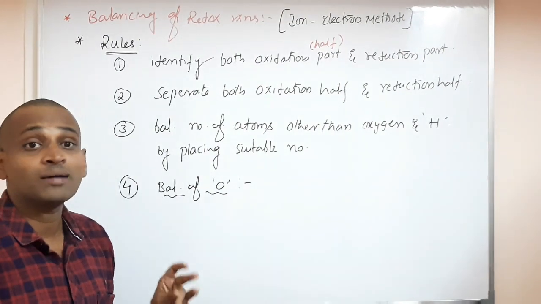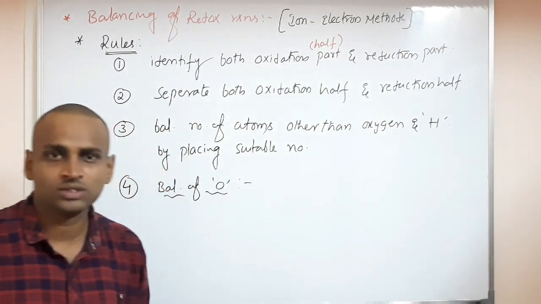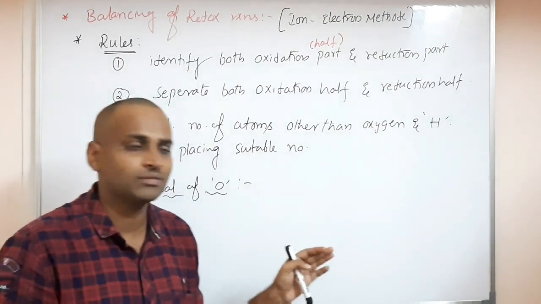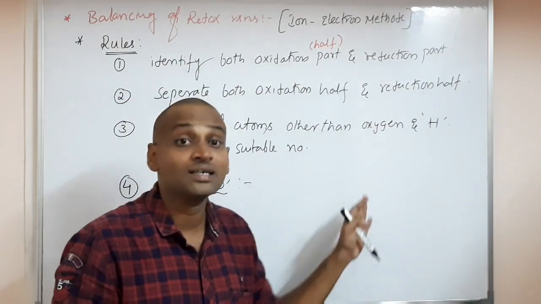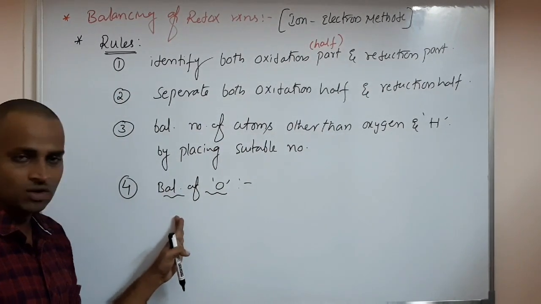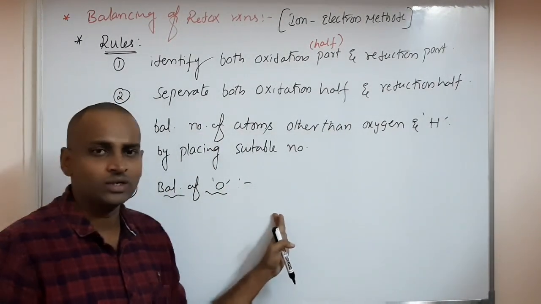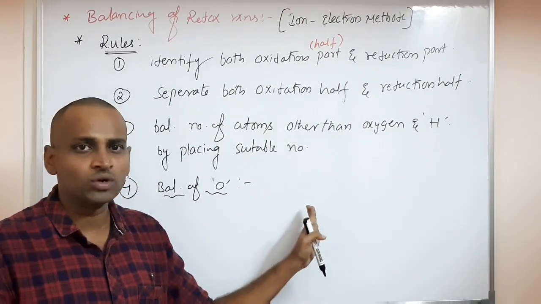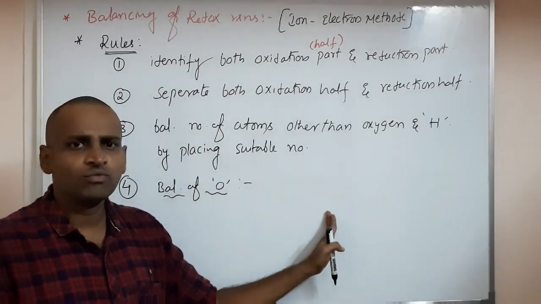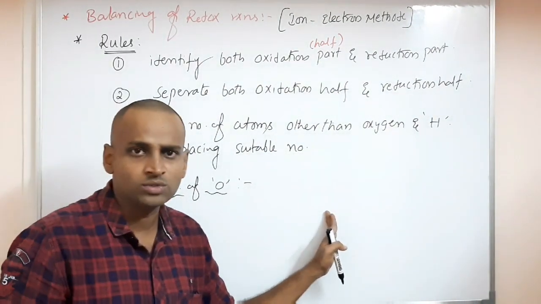I will add water molecules where the number of oxygens is less. Suppose here in reactants I have 7 oxygens, in the product side I have 3 oxygens, so 4 remain, 4 required in the product side to balance oxygens. So I will add 4 oxygens, means 4 water molecules, sorry.